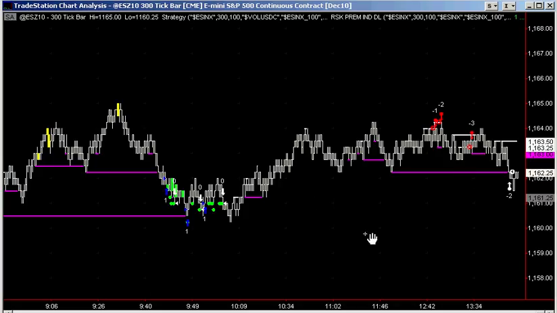Now let's talk about these green dots here. These green dots, once the strategy has pulled an automated trade, not a manual trade, but an automated trade, then the strategy begins to look at the characteristics of the market.